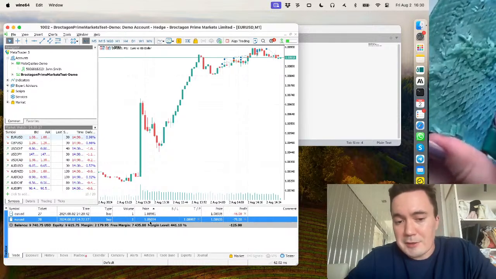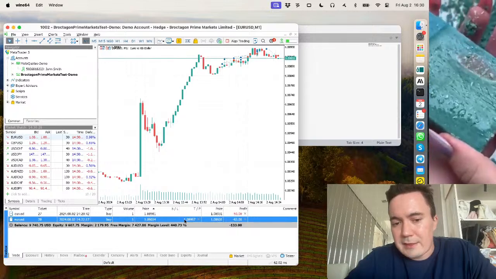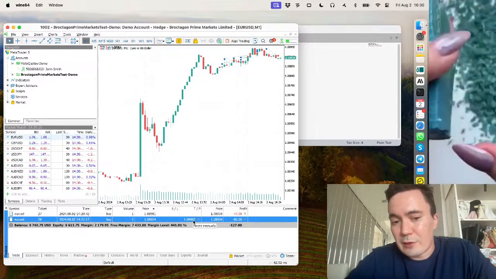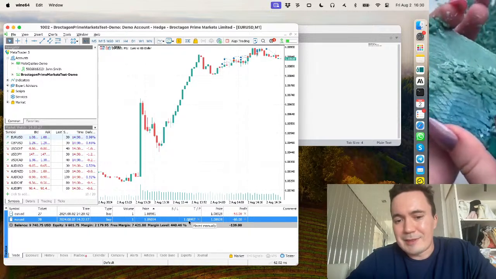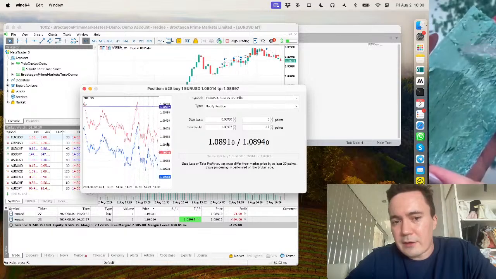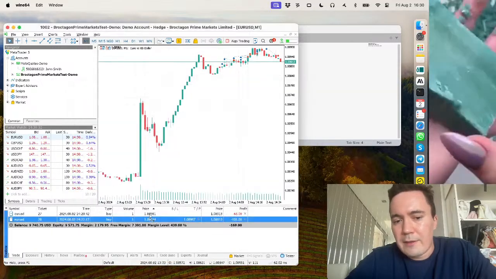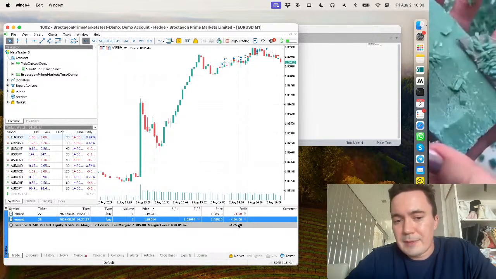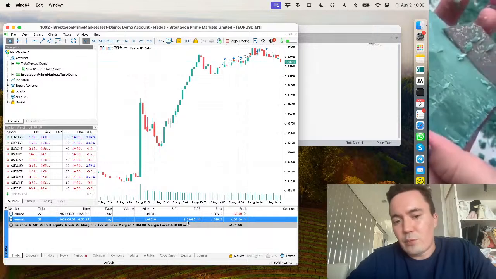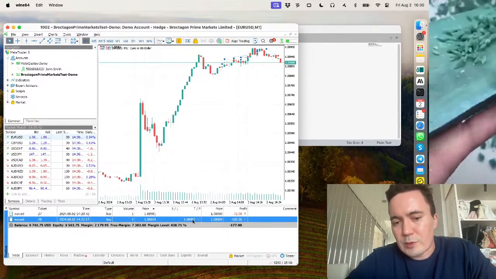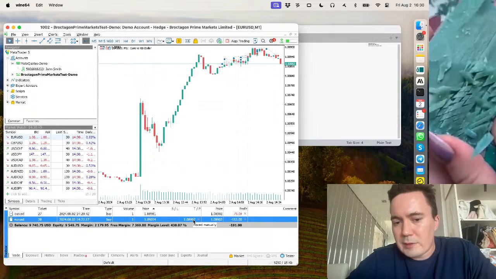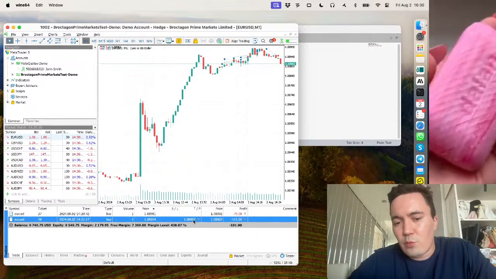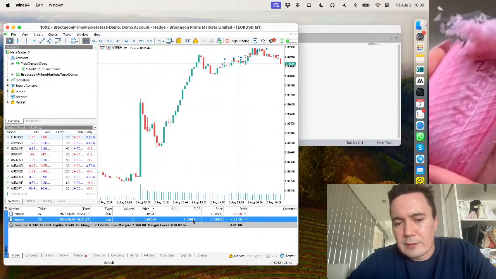But I just noticed that the open price is higher than the take profit, so it means we will still close at a loss in this case, right? Because the take profit price is higher than the current price, but it's lower than the initial price, so we will still have some loss. But we say we have enough at this point. We don't want to wait for any further movement because we don't want to risk going into the negative direction.